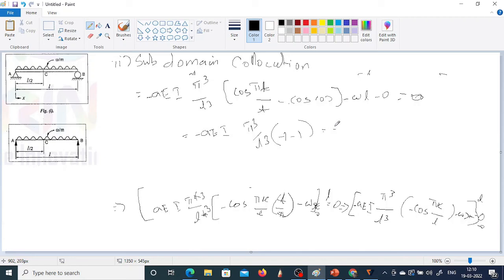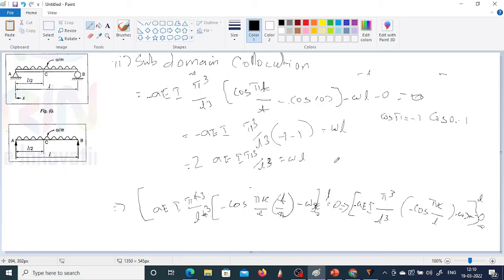I can move it to the right hand side, so that plus WL I got. Okay, here cos pi is equal to minus 1, cos 0 is equal to 1. I substituted here. After that here I got minus 2. Already here the minus is available, so that this term is 2. I got 2 AEI pi cube by L cube, which is equal to WL.